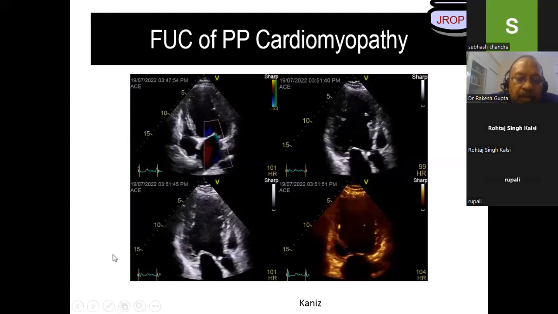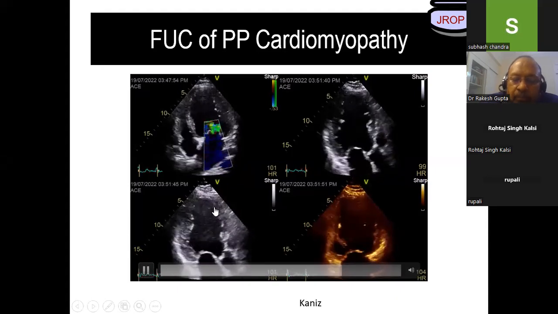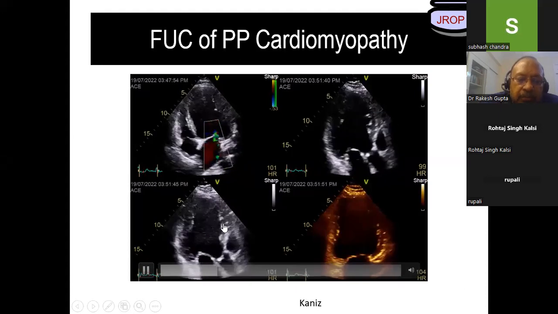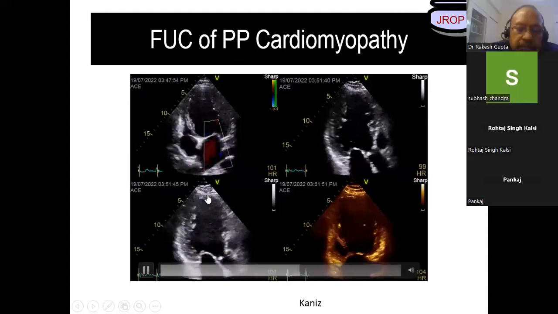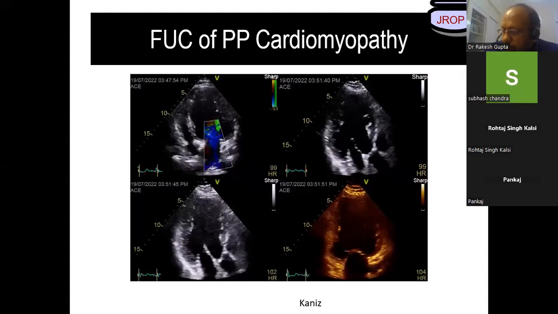Yes, sir. So tell me the abnormality on this segment. What is this view and what is the abnormality, Prakhar, in this? Sir, this view is apical 3-chamber view. Okay.